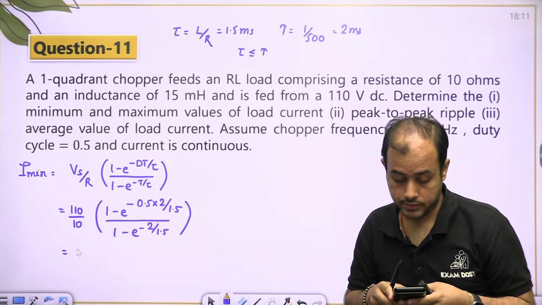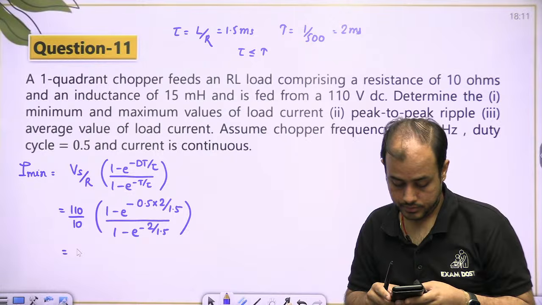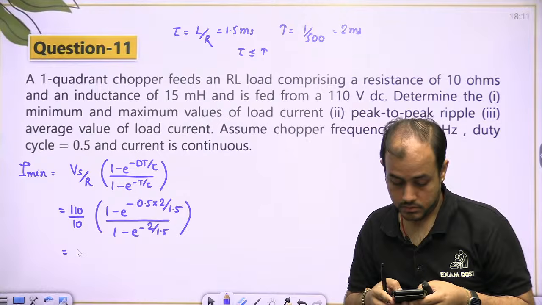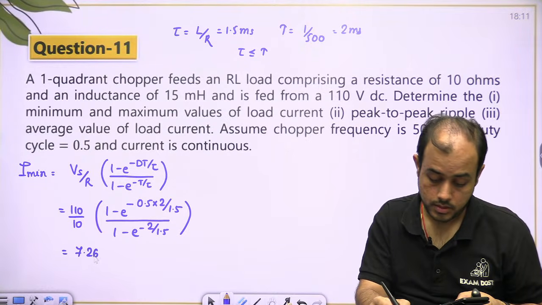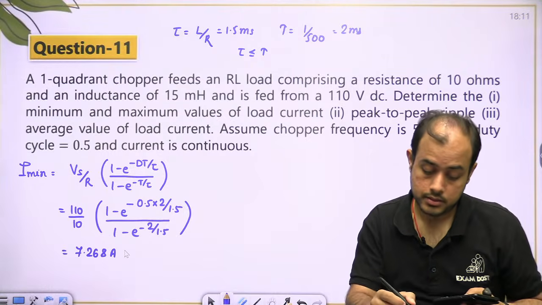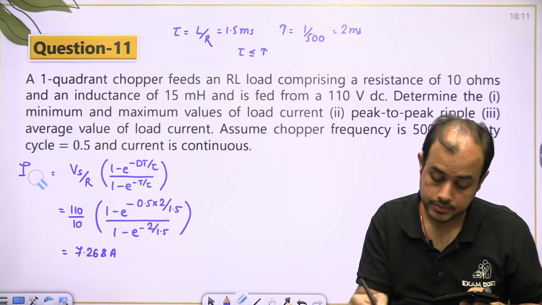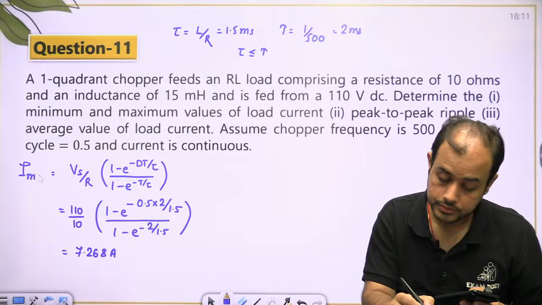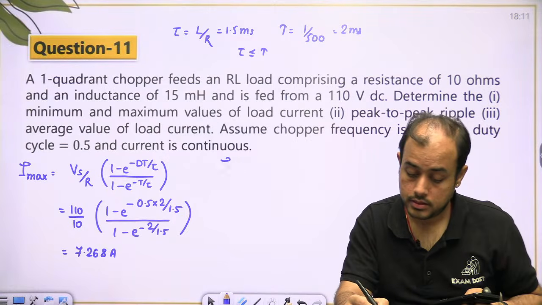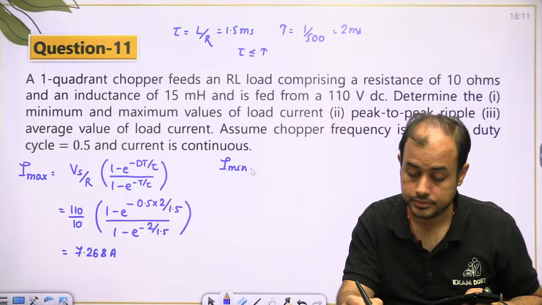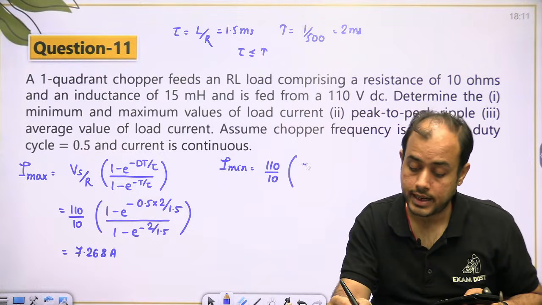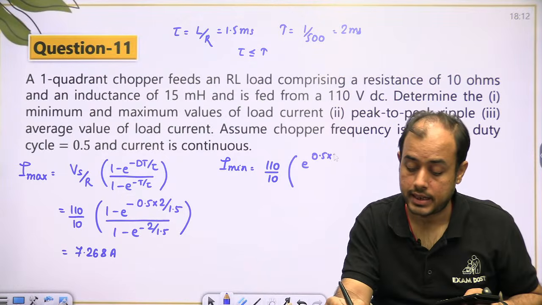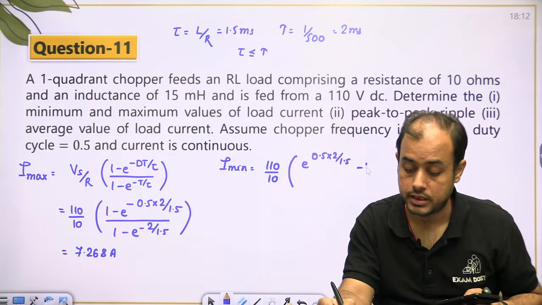1 by 1.5. Psi max actually. Now I min, just the negative powers are replaced by positive powers.